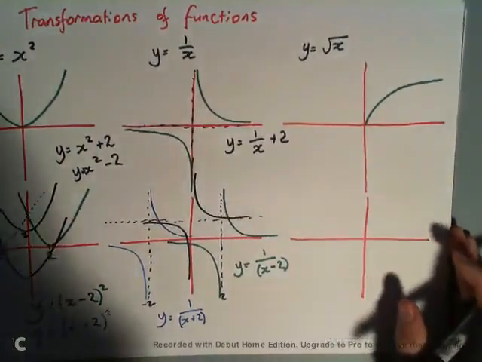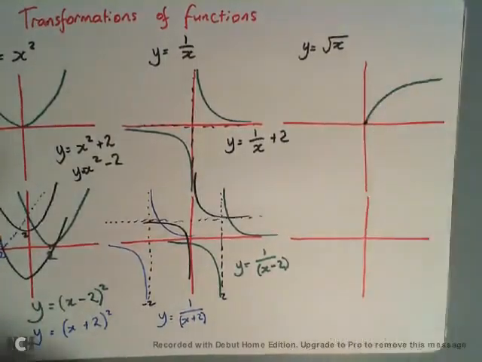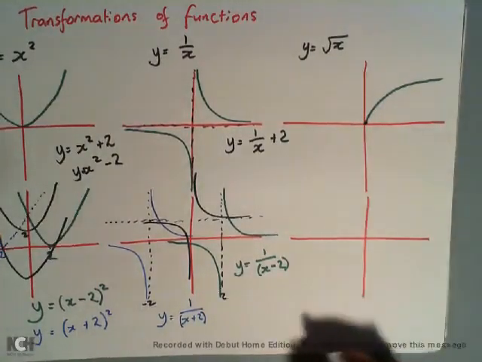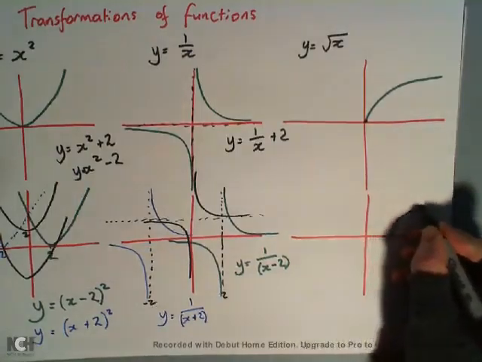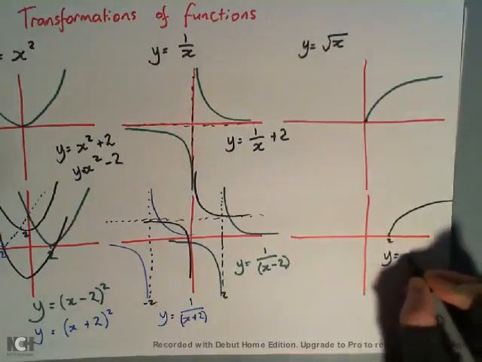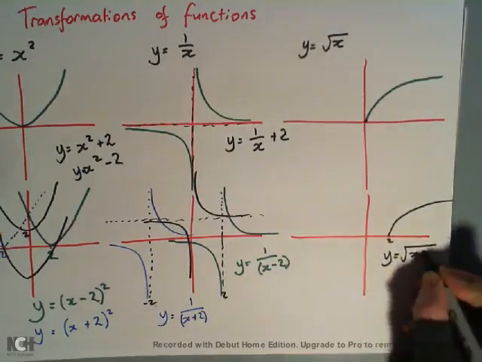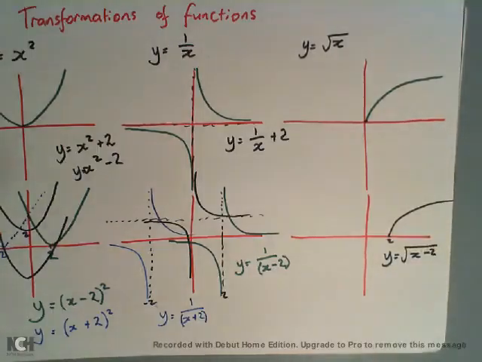And last example, y equals square root of x. We just have a look at this point here. If I want to move it to the right 2 places, same shape, it'll be square root of (x take 2), and the take 2 is inside the square root part.